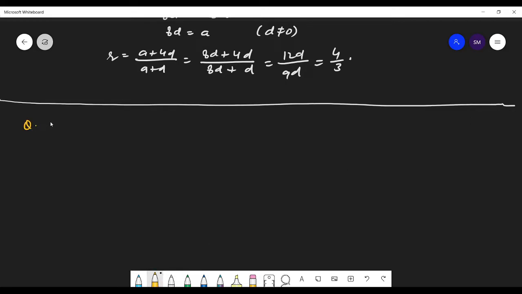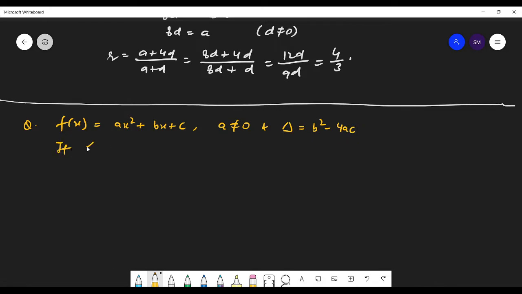So the next question is that you are given a function f(x) equal to ax square plus bx plus c, okay? And a is not equal to 0, and the discriminant is b square minus 4ac.